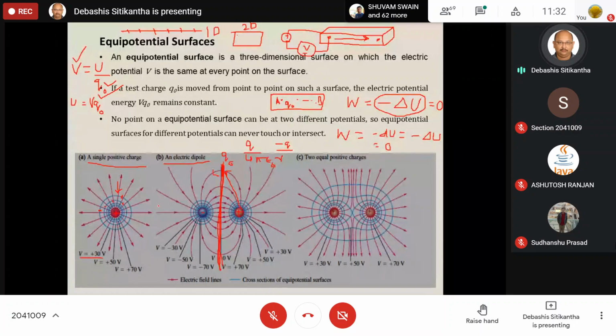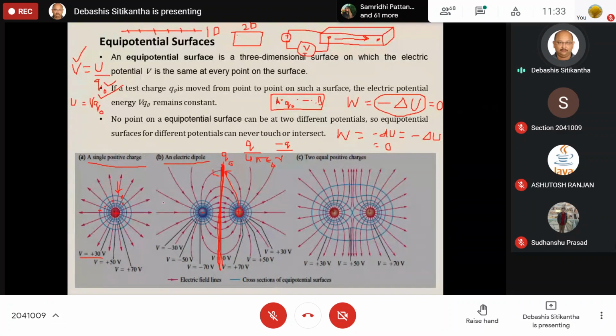Why? Because if it is going to be a volume, then it is no more going to be a potential surface. So we can say if I insert a plane exactly at the midpoint of the distance separating the dipole, then the equipotential surface is going to have a voltage of zero at each and every point.